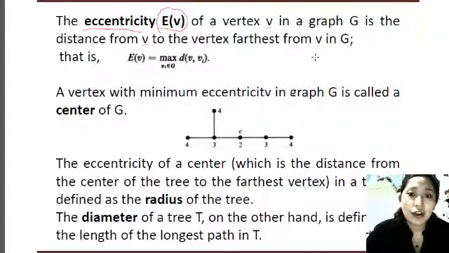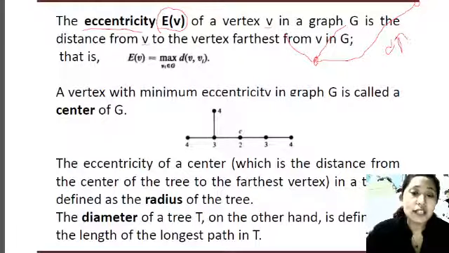That is, from that vertex you calculate the distance to all other vertices and find the maximum distance value.